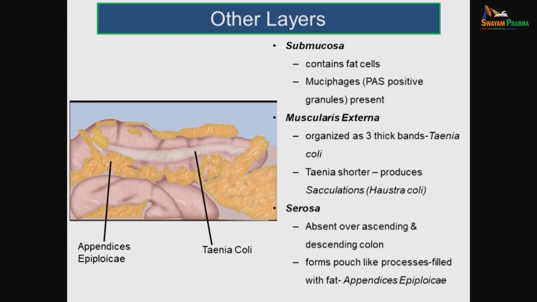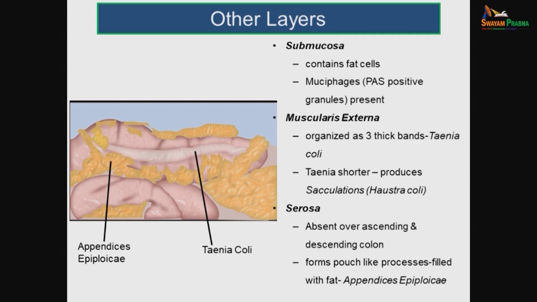In fact, that is what is causing these sacculations. So the hallmark feature of haustrations, which we call sacculations in the large intestine, is probably due to the presence of these longitudinal taenia coli fibers penetrating the inner circular layer at intervals, causing independent segments of contraction, which are the sacculations. Okay.